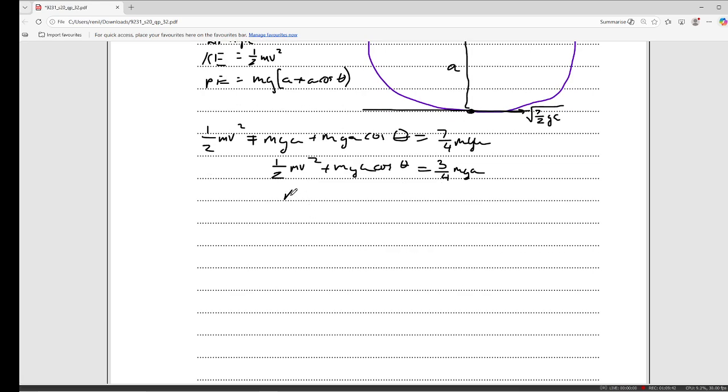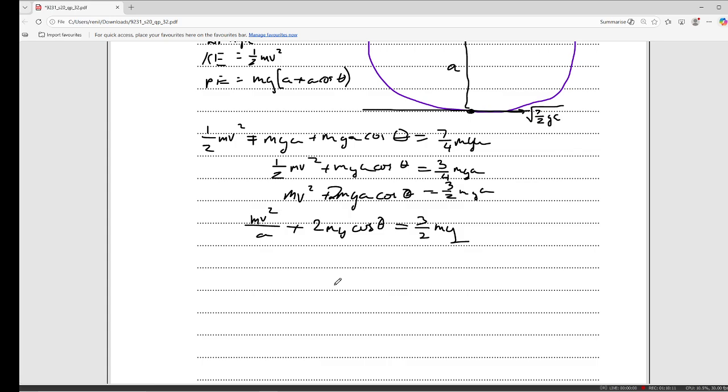Multiplying 2 on both sides gives me mv square plus 2 mga cos theta equals 3 by 2 mga. I can divide both sides by a, so I get mv square by a plus 2 mg cos theta equals 3 by 2 mg.